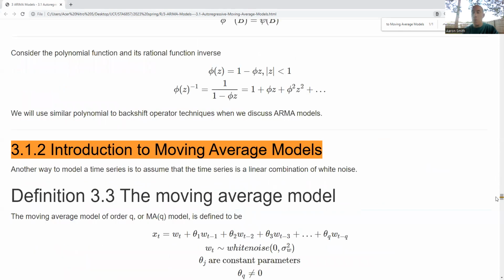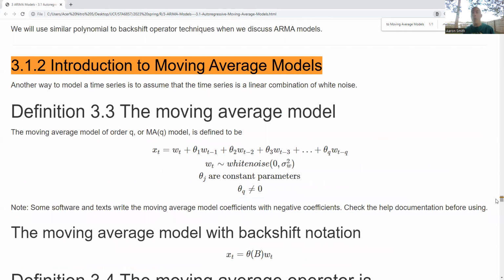So now let's get into what we are here to do. Previously we looked at autoregressive models. In autoregressive models, the idea is that we have regression on previous observations to predict future observations. Here we're going to have regression on some Gaussian random variables that I don't actually see. We have coefficients times previous values of the Gaussian time series and the Gaussian random variable for the current state, added together to equal the time series I'm looking at.